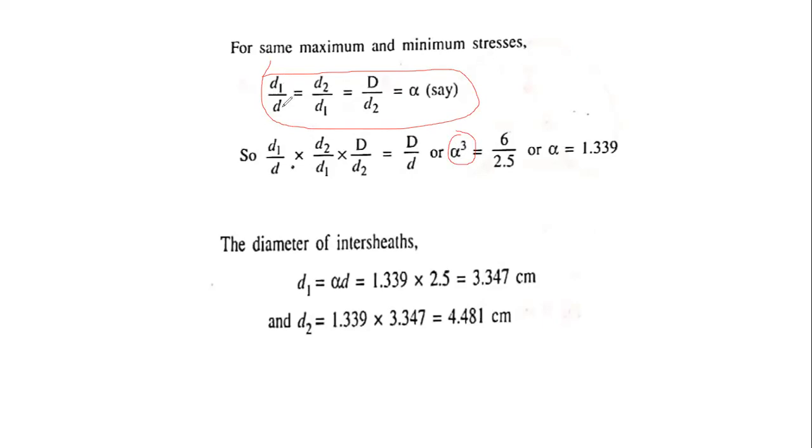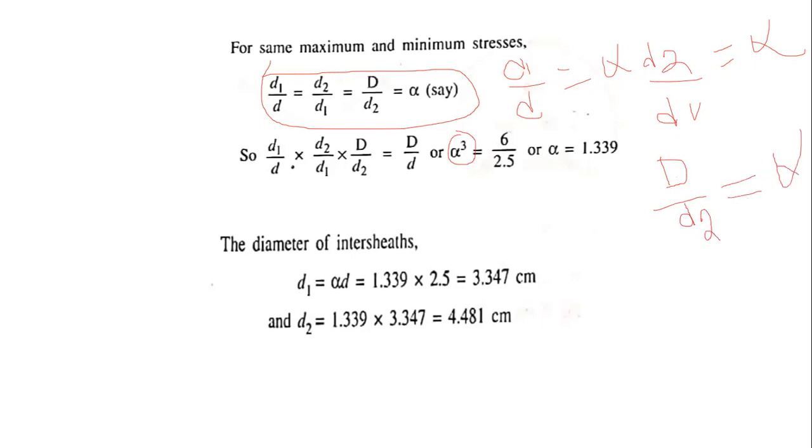Here d1 by d is equal to alpha, d2 by d1 is also equal to alpha, and capital D by d2 is equal to alpha.